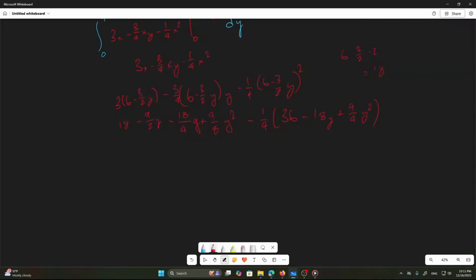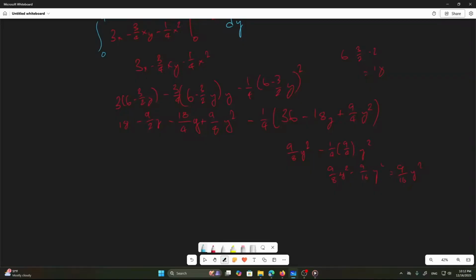So we have 9 over 8 y squared minus 1/4 times 9 over 4 y squared. So we have 9 over 8 y squared minus 9 over 16 y squared. I get 9 over 16 y squared for the y squared component.